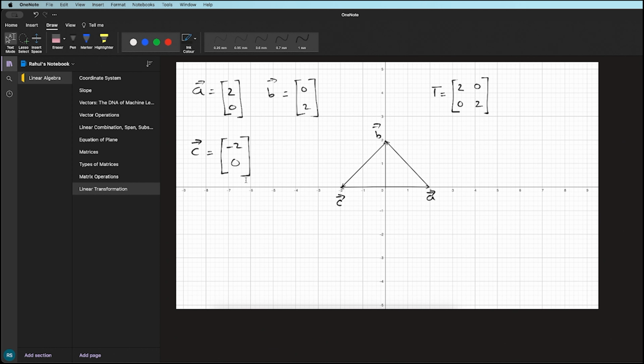Now I want to transform this triangle. It will scale by a factor of 2. Why a factor of 2? Because here the x component is 2 and y component is 2.